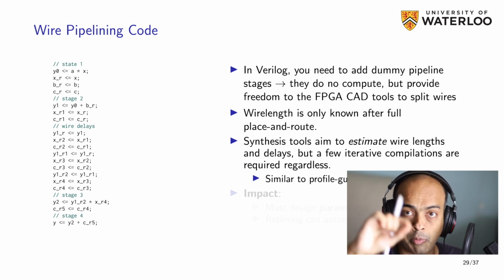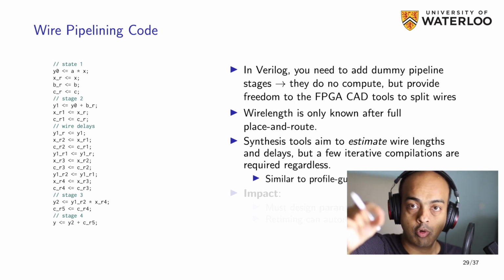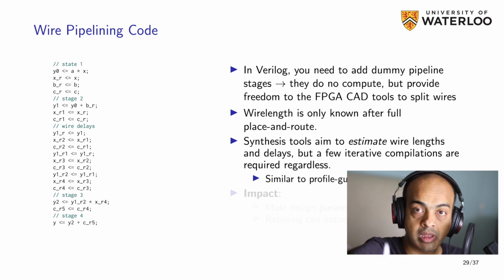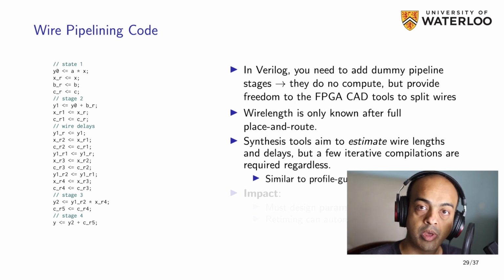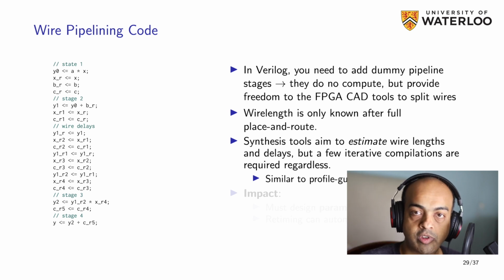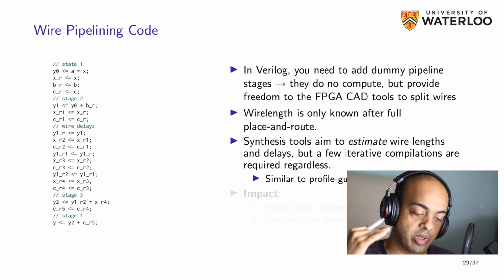You can wait for the placement to happen, and you can use that to go back and say, okay, now that I know where things are, maybe let me physically relocate a register around. So that's sort of a retiming step. We'll cover retiming later, which can be done both in software and after placement is done, also in software. But it's something that can let you do this in an iterative fashion if required.